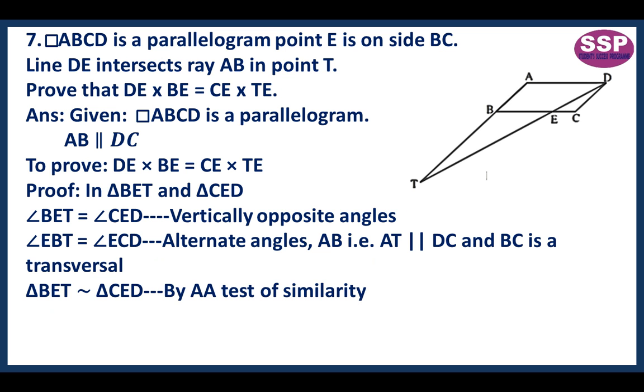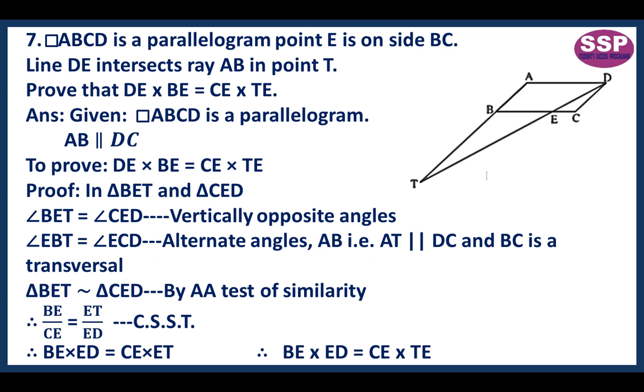Therefore, triangle BET is similar to triangle CED by AA test. Therefore, BE upon CE is equal to TE upon DE, corresponding sides of similar triangles. After cross multiplication, we get BE multiplied by DE is equal to CE multiplied by TE. Therefore, DE multiplied by TB is equal to CE multiplied by TE. Okay.